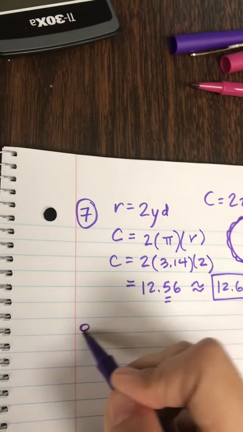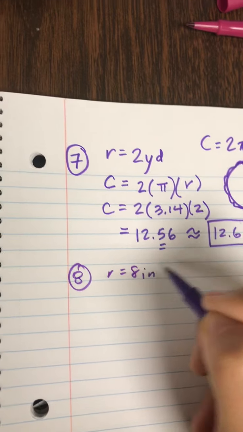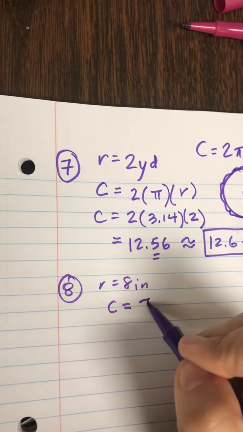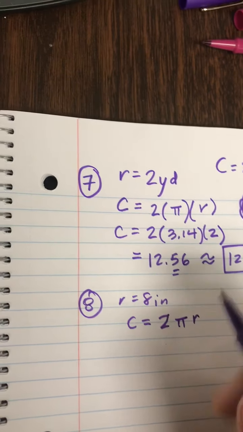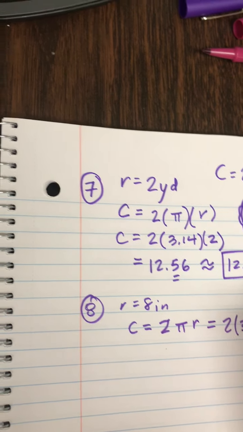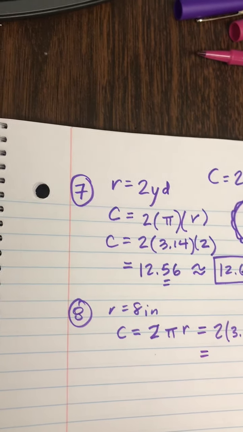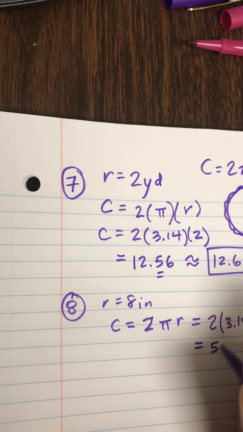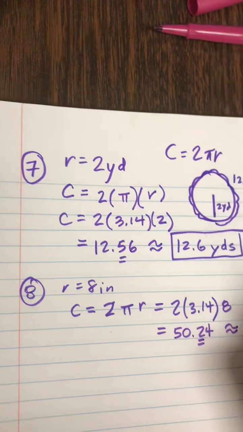Okay, let's look at 8. The radius is 8 inches. Same formula, circumference is 2 pi radius. And we're going to round to the nearest tenth.